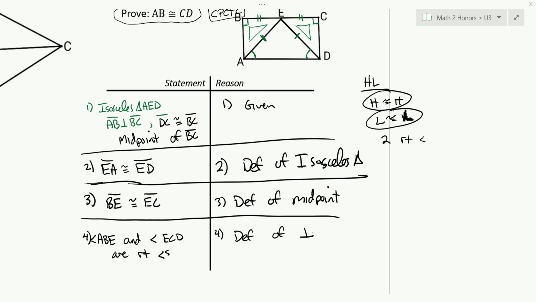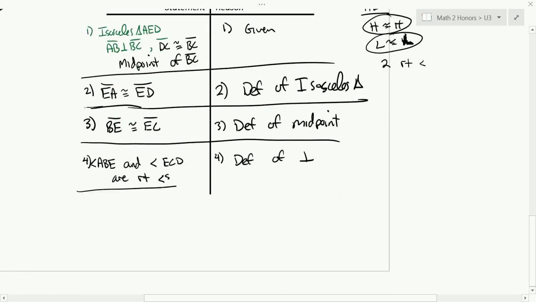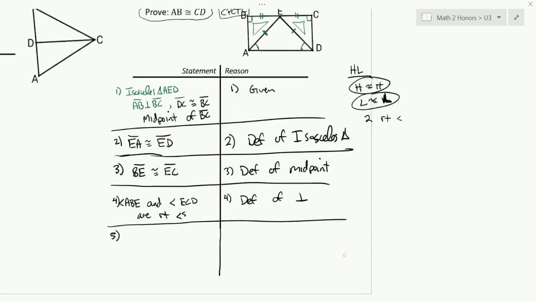So statement 2 is your hypotenuse, this is your leg, and this is saying they're right triangles, and now we're ready to say the triangles are congruent. Statement 5. Tyler? What triangle is going to be congruent to what triangle?